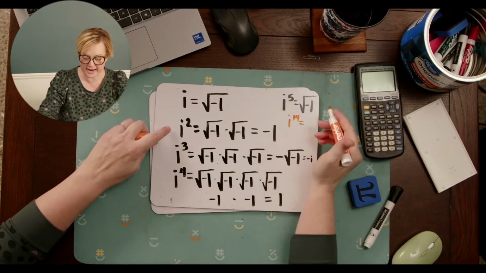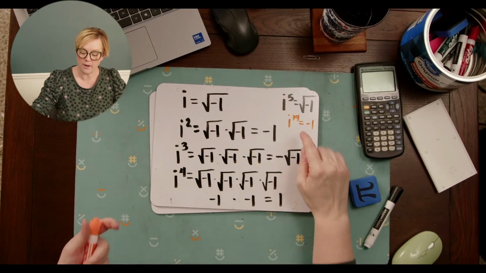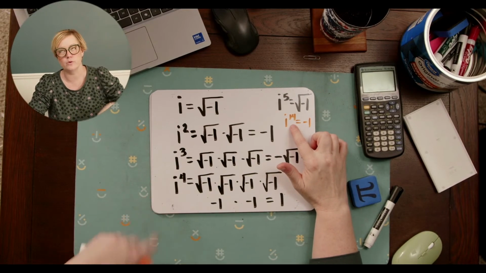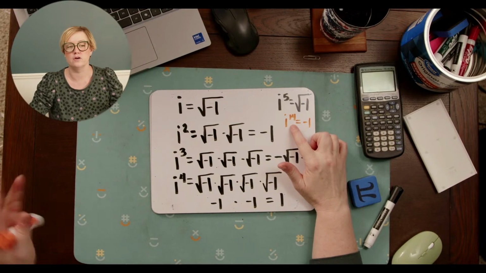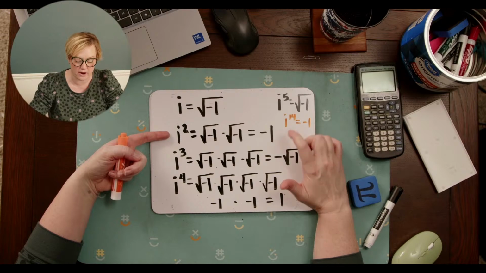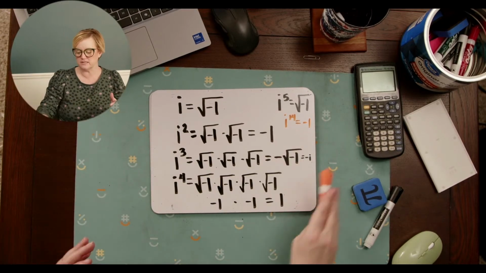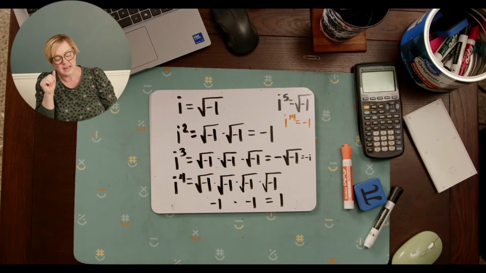Or you could ask how many times 4 goes into 14. It goes in 3 times, with 2 left over. So it's just like i squared, so it's -1.